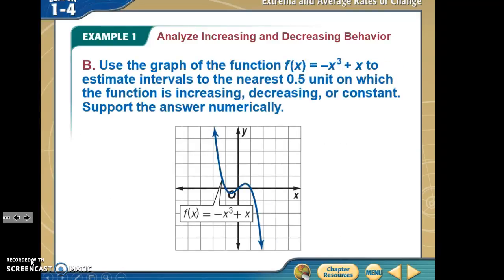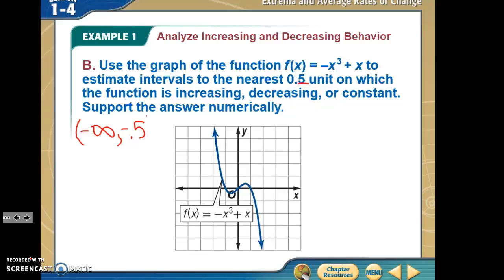All right, so looking at this one. This one's trickier because we have the wiggle in the middle. So where are we going from? Where to where are we decreasing? All right, so yeah, we're good.